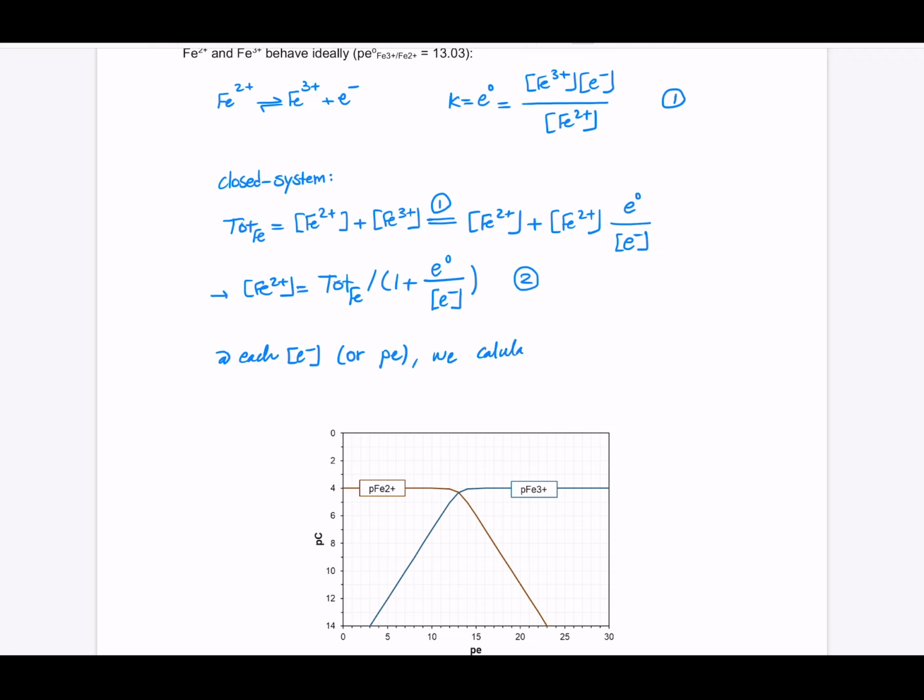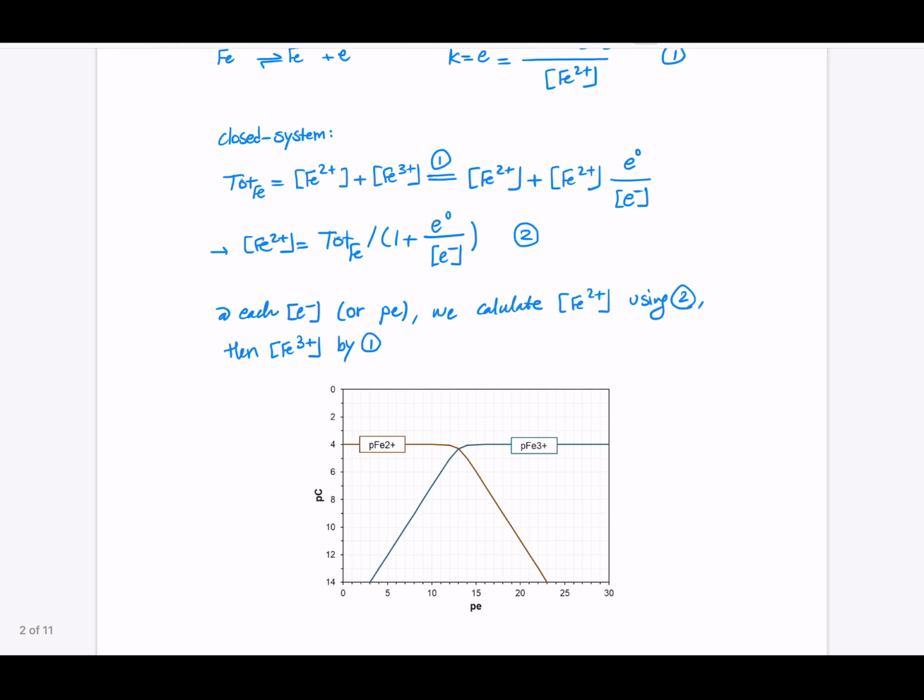We calculate Fe2+ using relationship 2, then Fe3+ by relationship 1. So it would be a very simple spreadsheet. I'm not going to show that spreadsheet. Just keep in mind this would be eventually what you're getting.